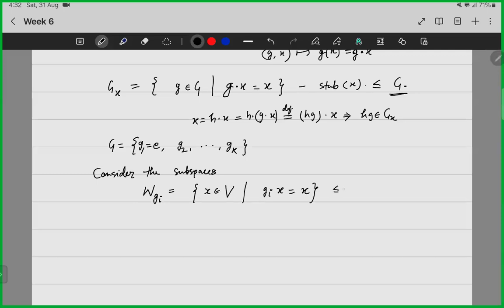And this is a subspace of V, for i from 1 to k.